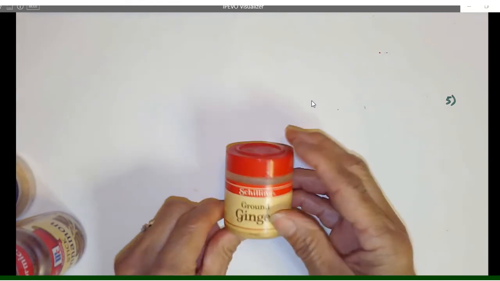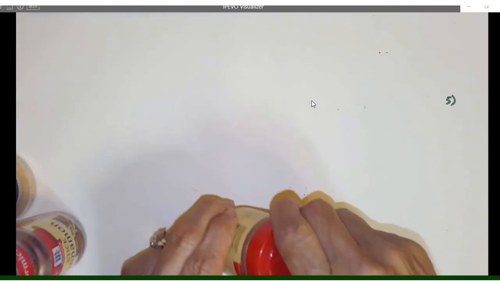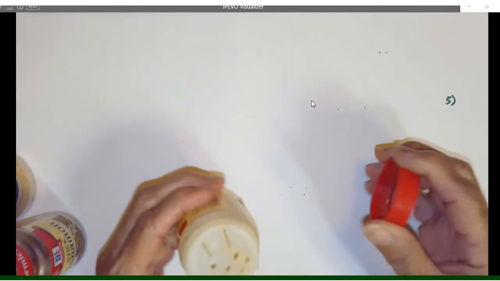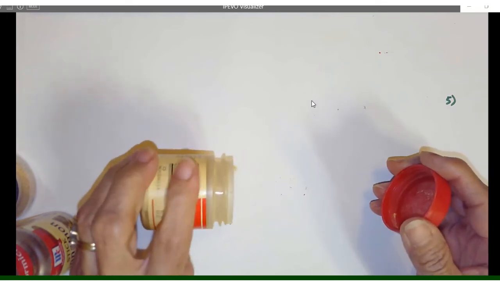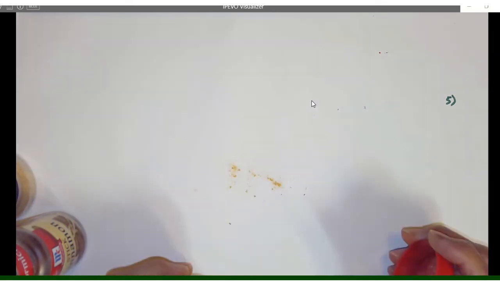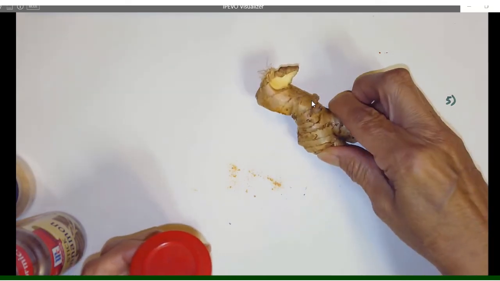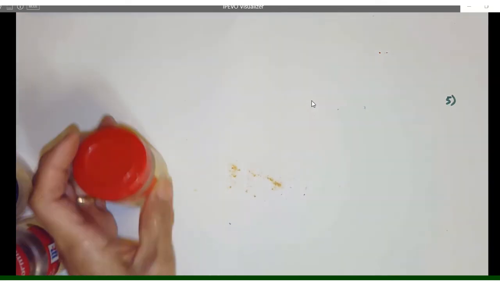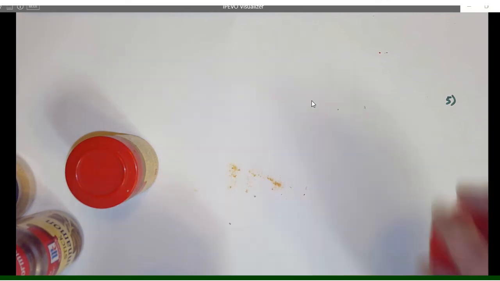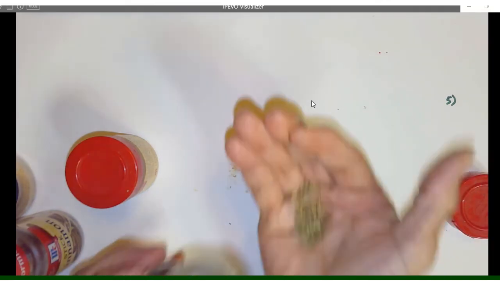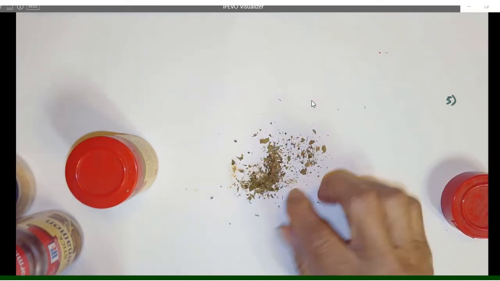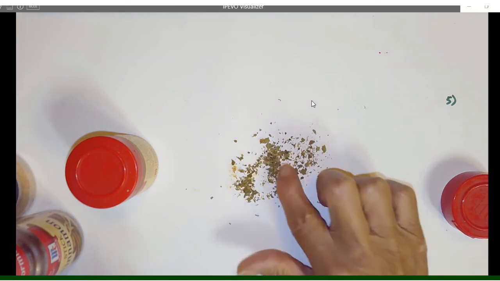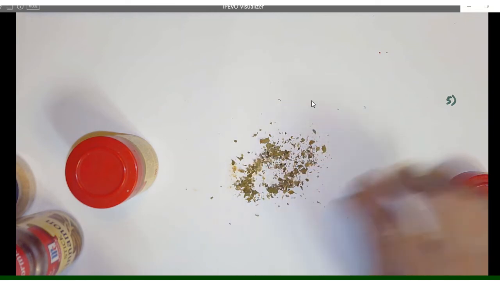This right here is ground ginger. If you look at it, it looks kind of yellow. Not like this particular ginger. And I love this ginger. Many of you are familiar with this. This right here is oregano. Oregano is used in a lot of Italian food.